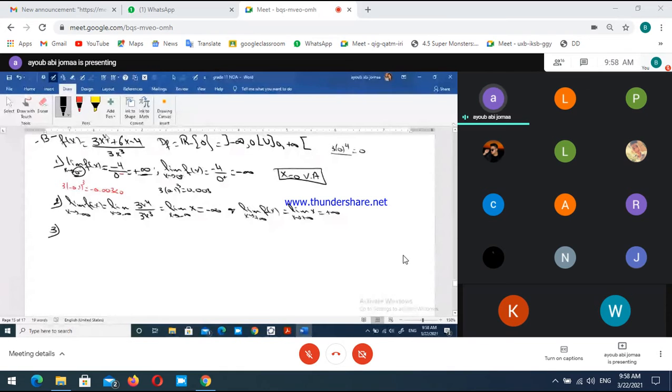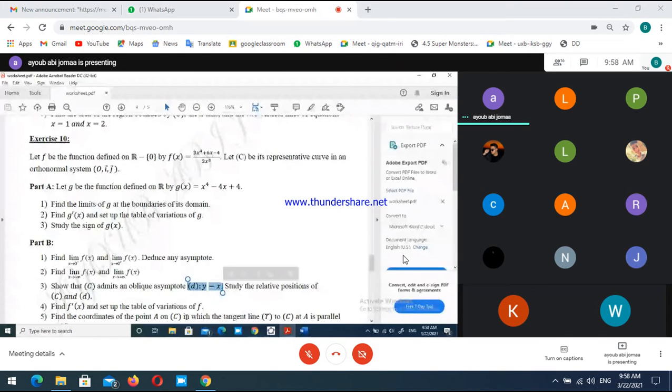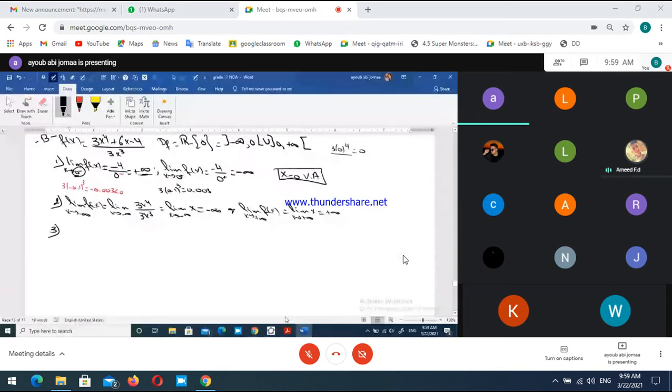You have to prove that the straight line of equation y equals x is an oblique asymptote. Yes, Omar? Yes, professor. y equals x.